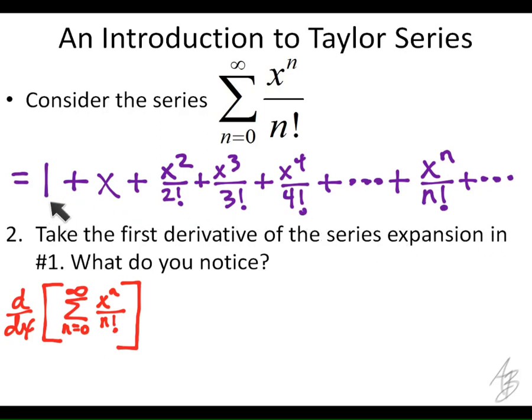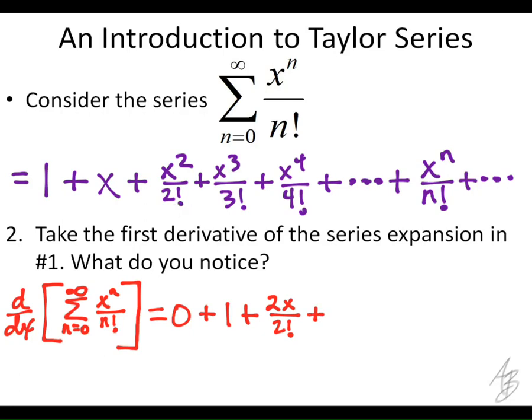So what is the derivative of 1? Okay, what is the derivative of x? What is the derivative of x squared over 2 factorial? Let's just do this. It is going to be x, but I'm going to write it like this. It's going to be 2x over 2 factorial, right? So I just took the derivative of the top, and the 2 factorial is just a constant, so I'll leave that the same for now. We'll simplify it in a second.